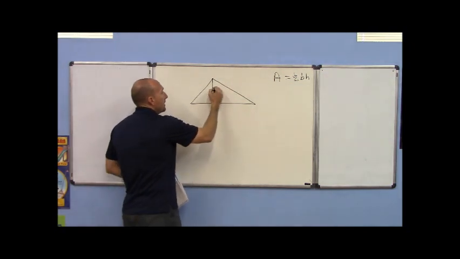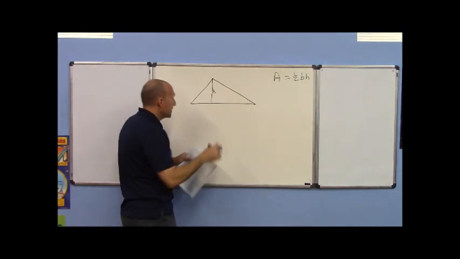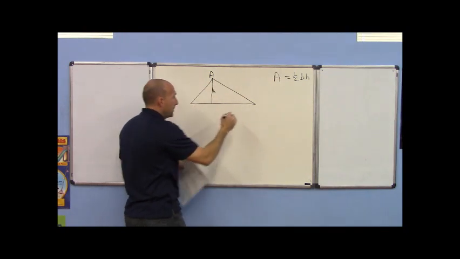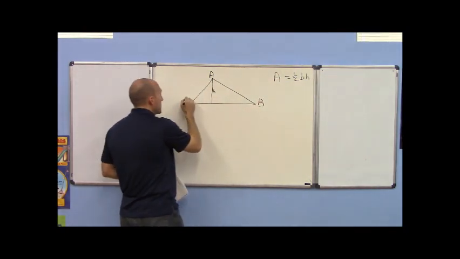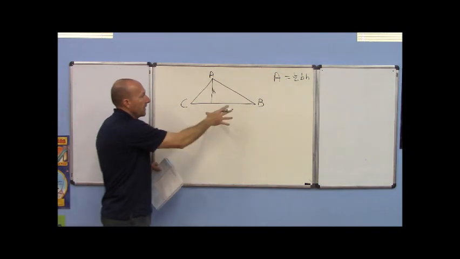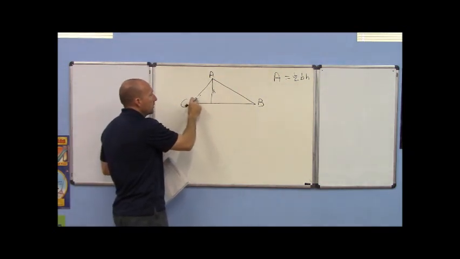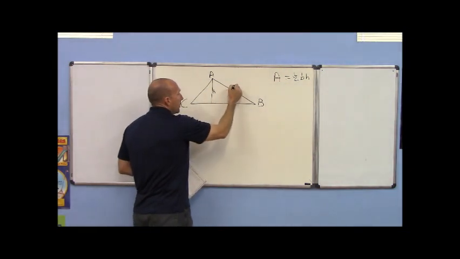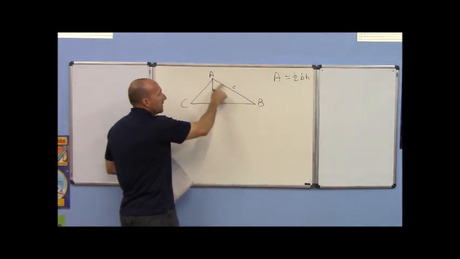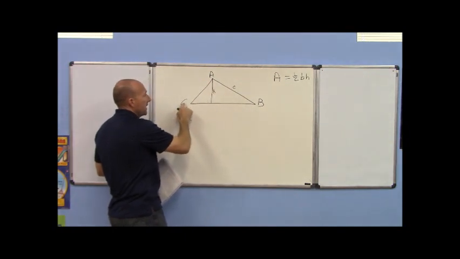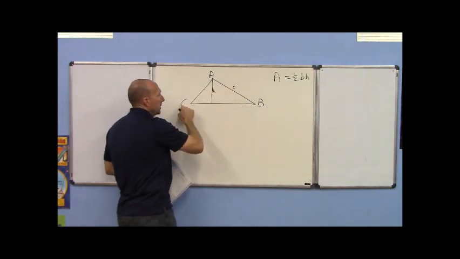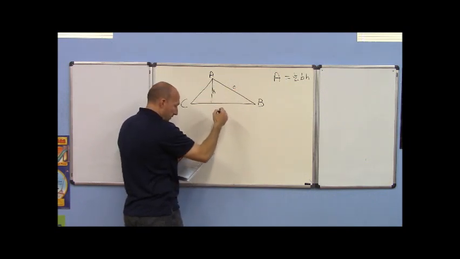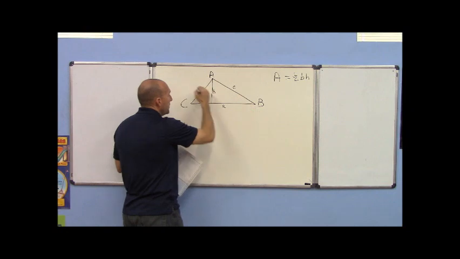So if you have the height here, and we'll be consistent, capital A meaning this angle A, capital B, capital C, and again to recap, the capital letters represent those angles for that part of the triangle. The opposite sides are lowercase, and they represent the length of the sides opposite that angle. So the opposite of angle C is going to be lowercase c. Opposite of A is going to be lowercase a, and B is lowercase b.